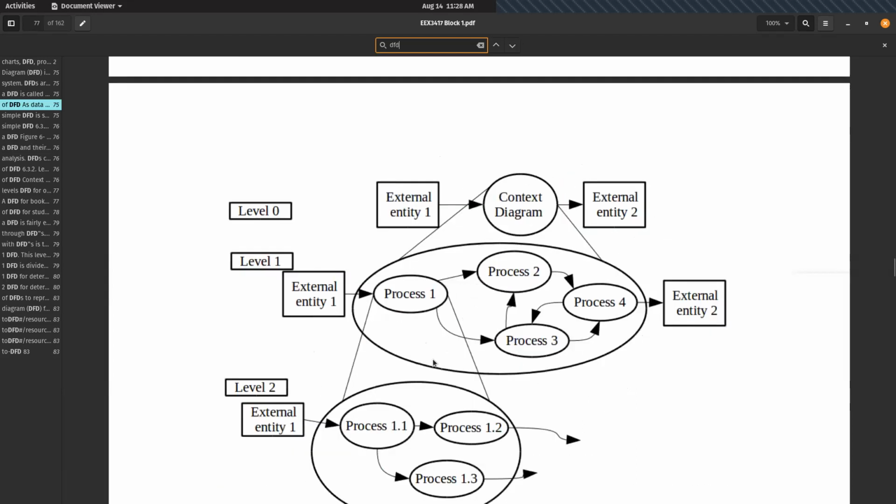And then level 2, this sub-process is also divided into processes. So we number this context diagram as 0. These processes are numbered 1, 2, 3, 4, like that.